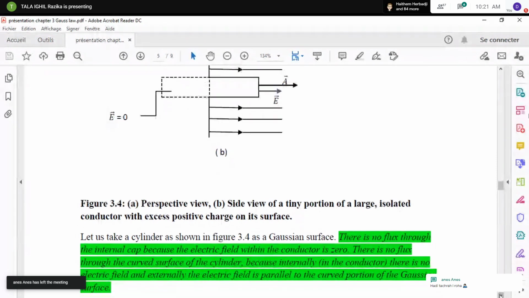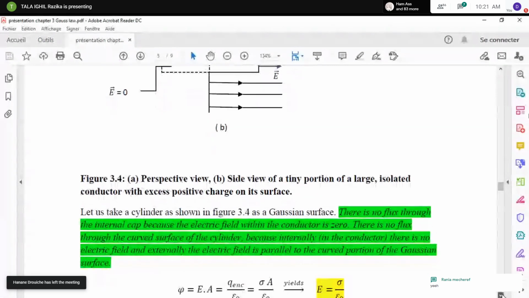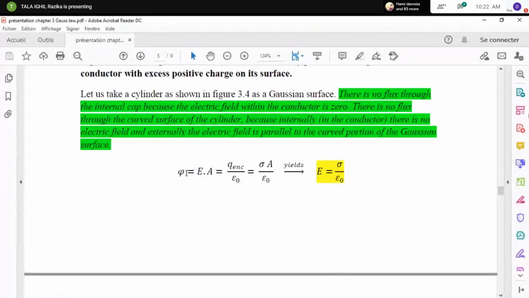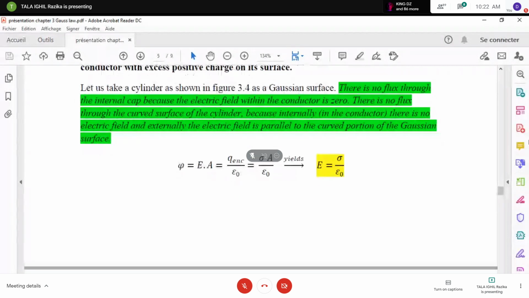What is remaining? Just the external cap. So phi is EA, equal to Q enclosed over epsilon 0. The charge in the plate is sigma A, so we replace: sigma A over epsilon 0 equals EA. We can cancel A on both sides, and we get E is sigma over epsilon 0.